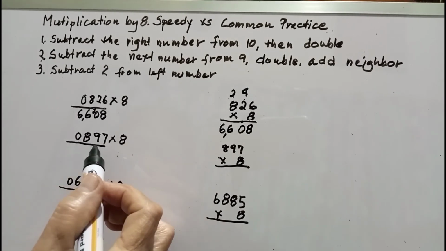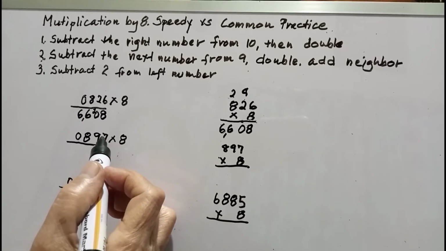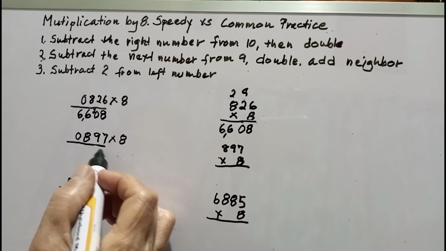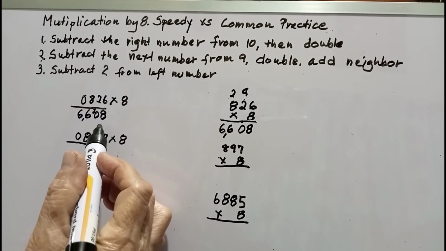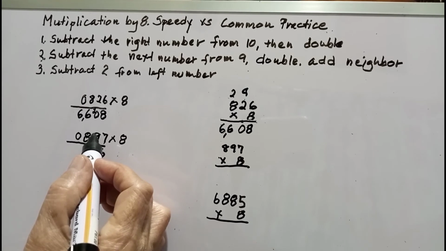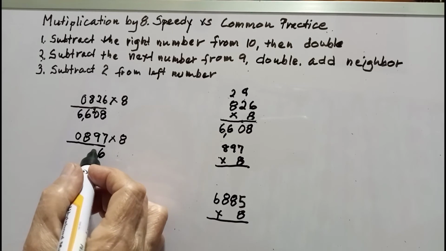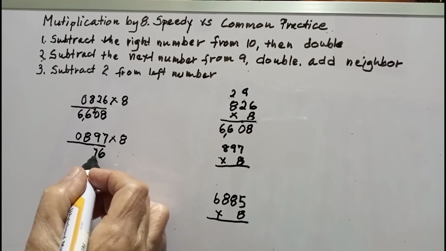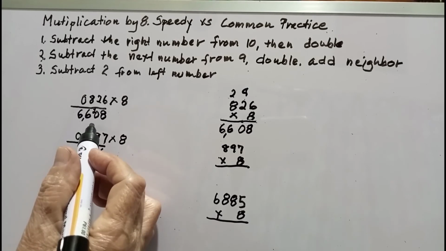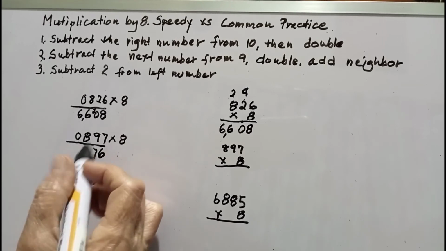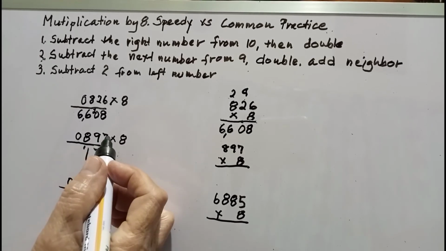We have 897 times 8. So 10 minus 7 is 3 times 2 equals 6. And then 9 minus 9 is 0 times 2 equals 0, plus 7 equals 7. And then 9 minus 8 equals 1 times 2 equals 2, plus 9 equals 11, carry 1.